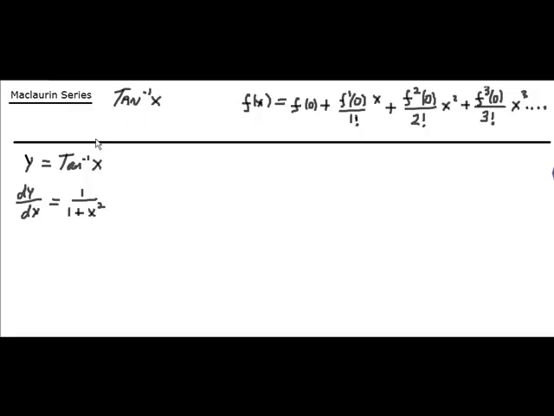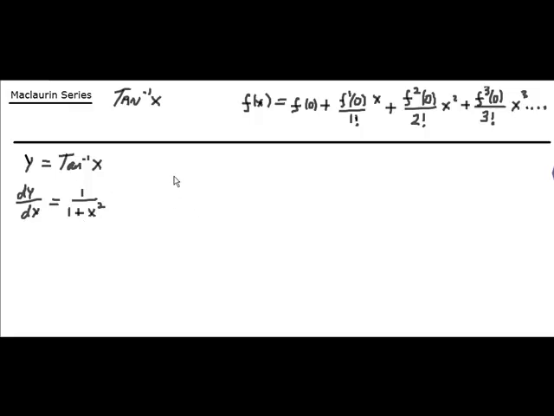So we go to plan B, which is to call it y equals inverse tan of x, and get dy dx, which is 1 over 1 plus x squared, and then to use this fraction here to see if we can get a formula which resembles the Maclaurin series formula.